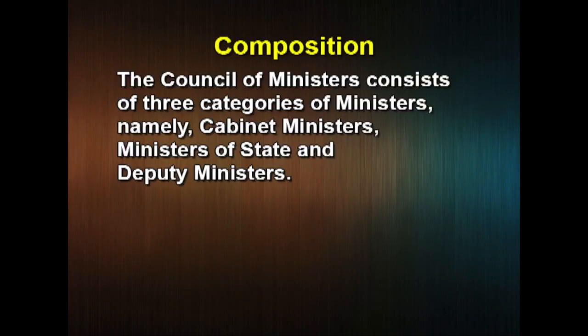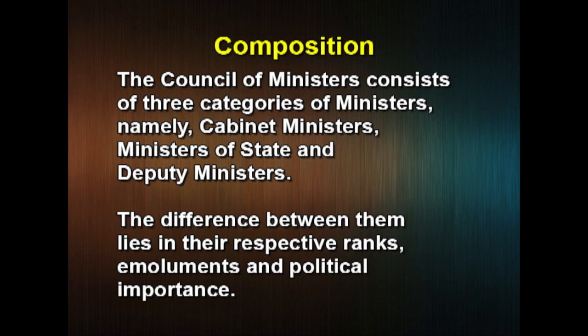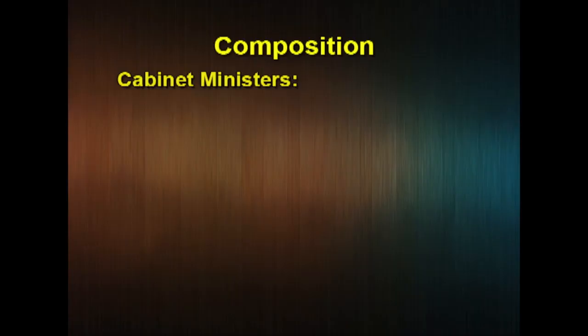The Council of Ministers consists of three categories of ministers, namely Cabinet Ministers, Ministers of State, and Deputy Ministers. The difference between them lies in their respective ranks, emoluments, and political importance. At the top of all these ministers stands the Prime Minister, supreme governing authority in our country.